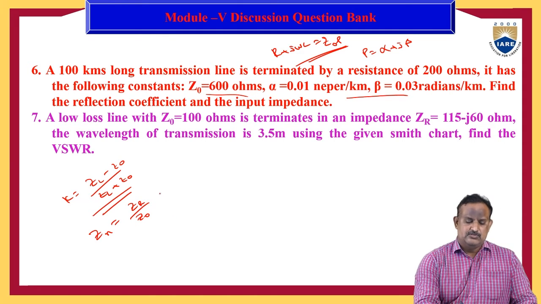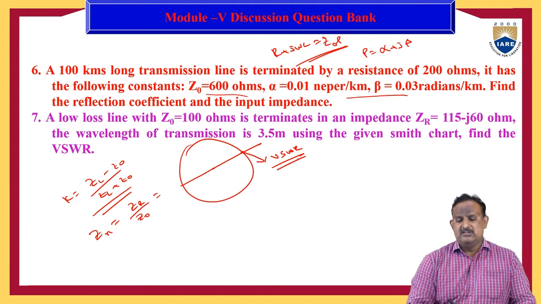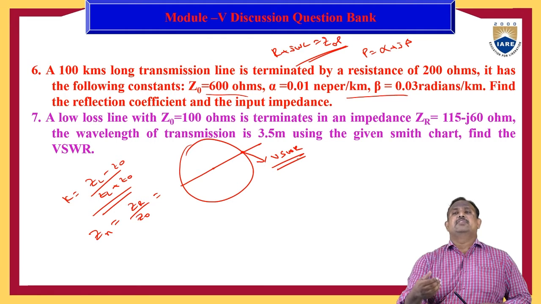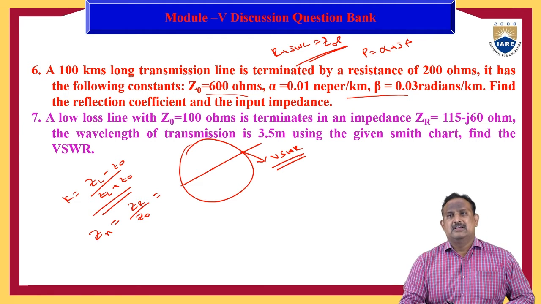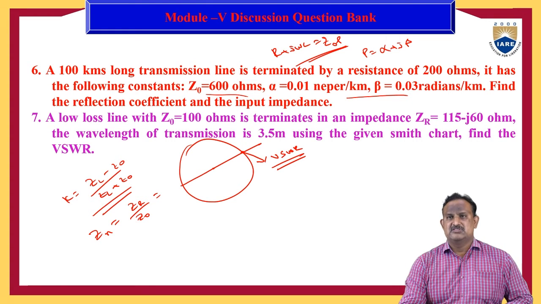From this, draw a circle which touches the x-axis at a particular point, and that point is the VSWR from the Smith chart. In this way, we can find the voltage standing wave ratio, reflection coefficient, and voltage maximum or minimum from the Smith chart.